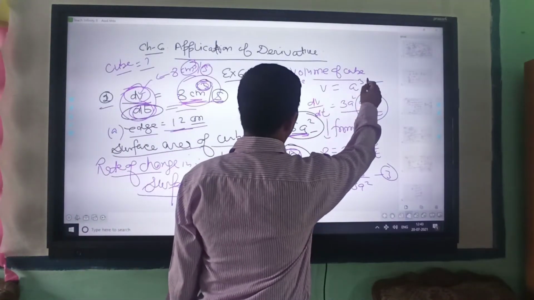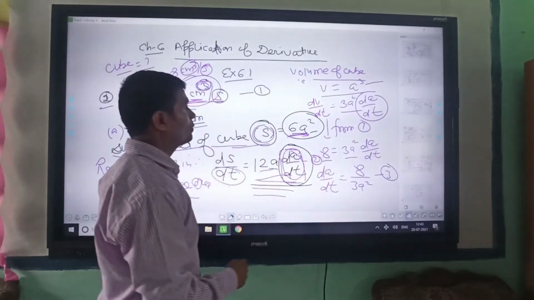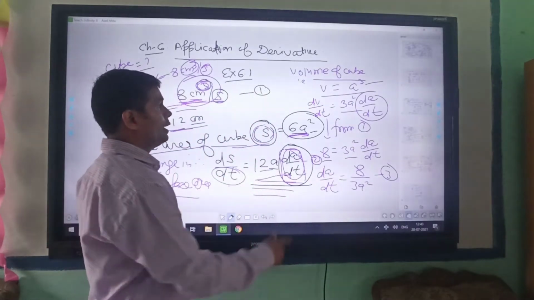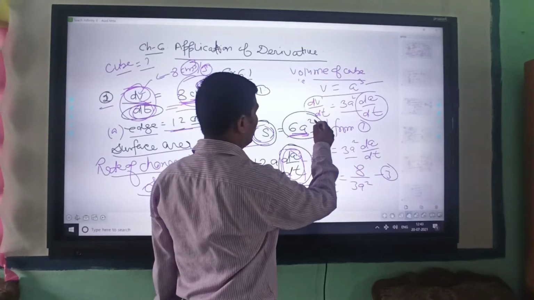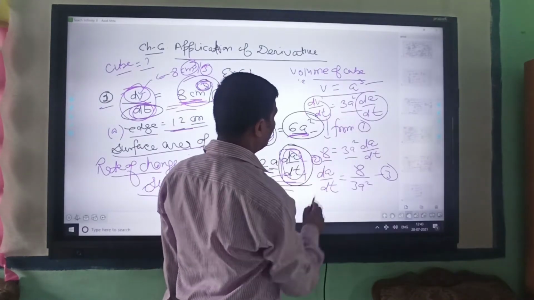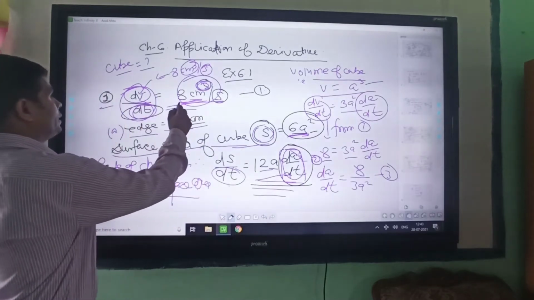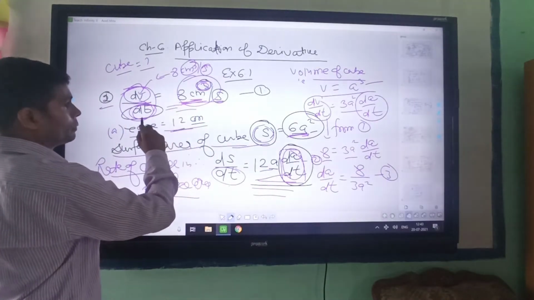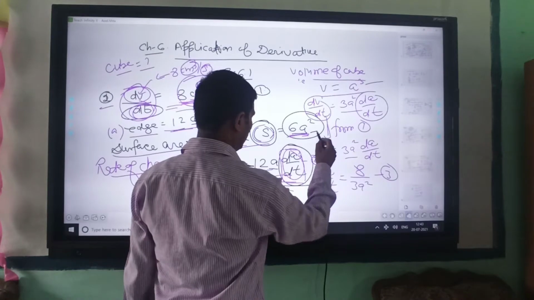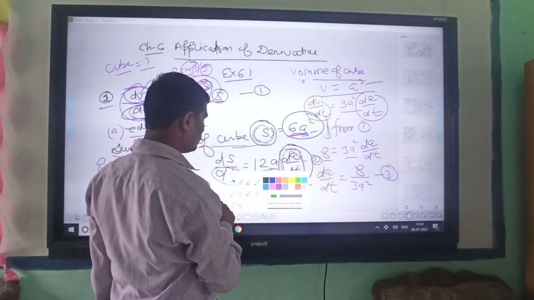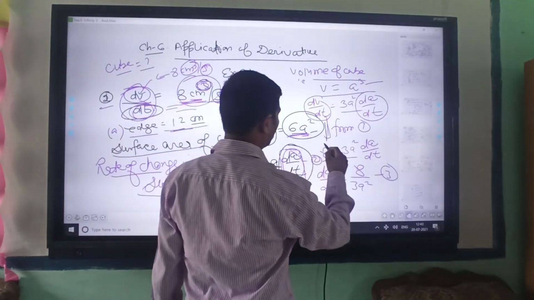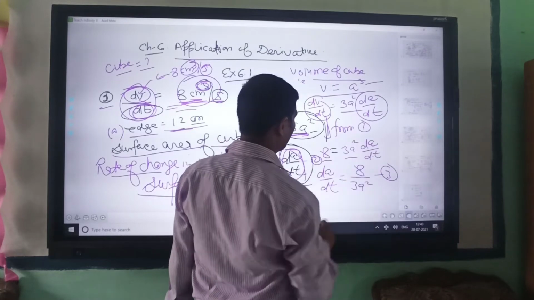We know the volume of the cube equals a cube. Next we will take the derivative: dV by dt equals 3a square da by dt. Now dV by dt is given to us, that is 8 cubic centimeter per second, so you should substitute the value here. This means 8 equals 3a square da by dt.